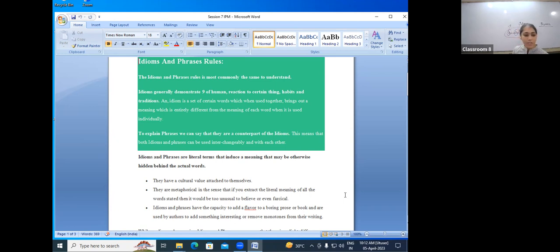But there is a slight difference between idioms and phrases. That is figurative and non-figurative. What is figurative and non-figurative? Anyone? Rahul, Pahi, can you hear me?